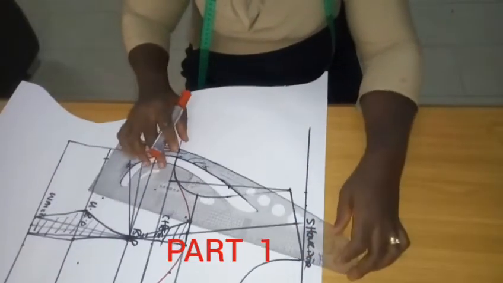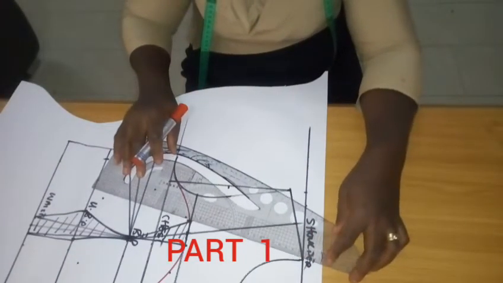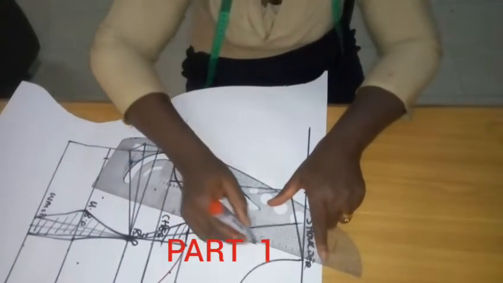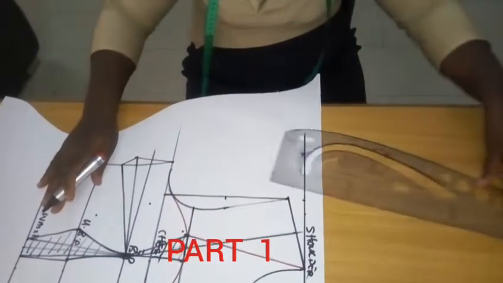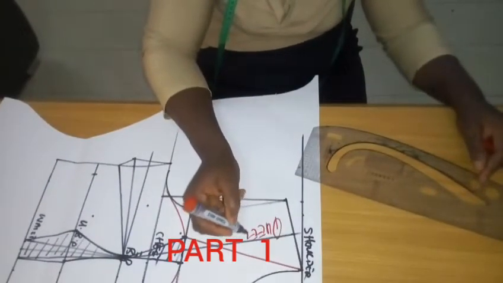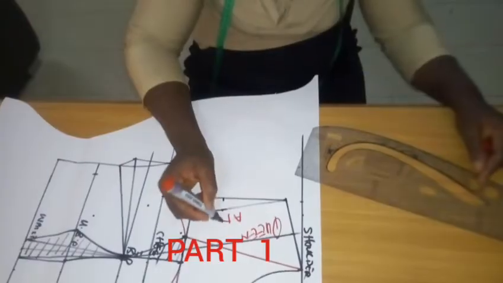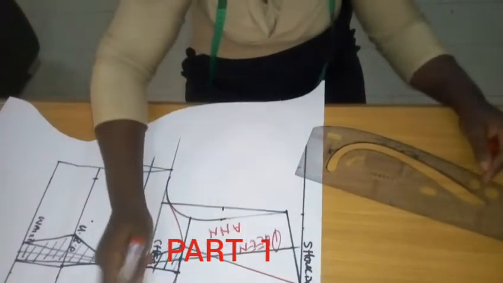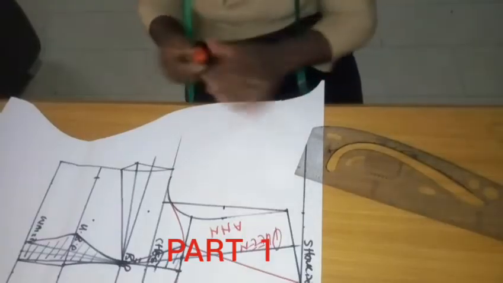I'm going to connect it all the way to this point using the straight part of my ruler to the starting of my dart leg. Can you see that? All of this now is my Queen Anne yoke. This is the yoke part of the Queen Anne, and that is the neckline, as you can see.